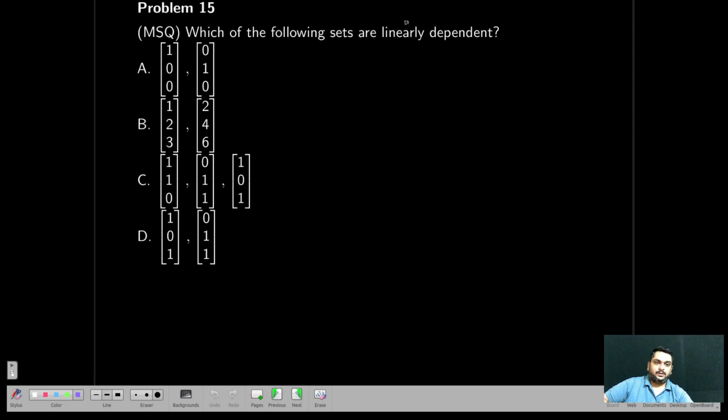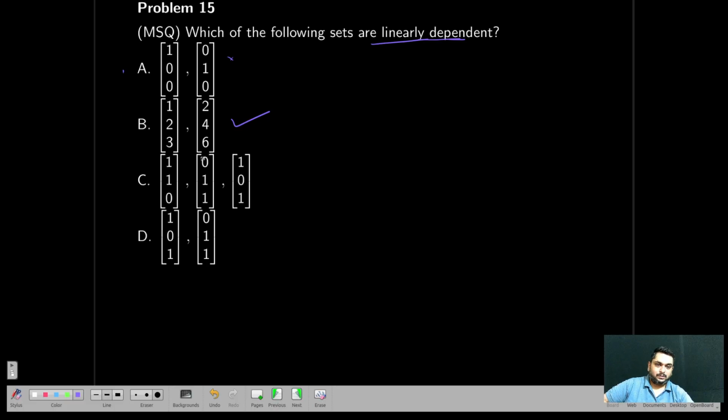Next, which of the following sets are linearly dependent? These two are independent. 1 2 3, 2 4 6, this is dependent, right? If I multiply this vector 1 by 2, I'll get the vector 2. 1 1 0, 0 1 1, 1 0 1. Can I add or subtract something?